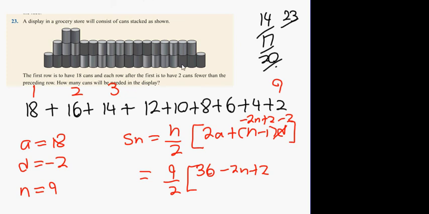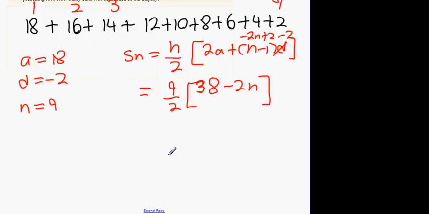And it's going to be 38 minus 2n. Okay. And then we divide that by 2 and multiply by 9. We know that n is 9, so I forgot to put that in.